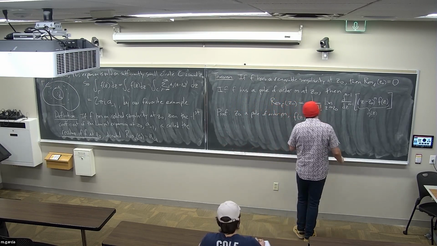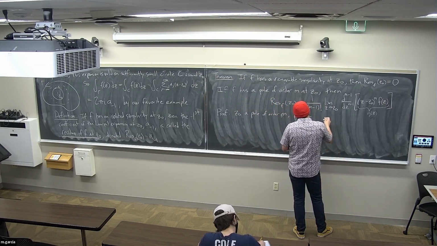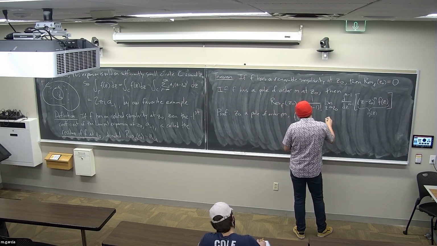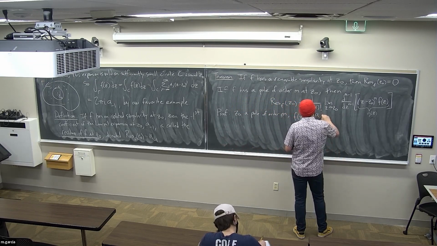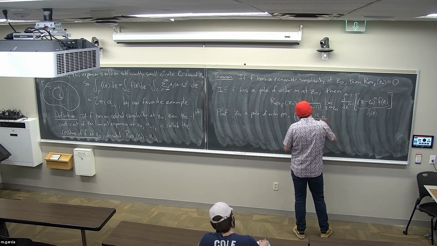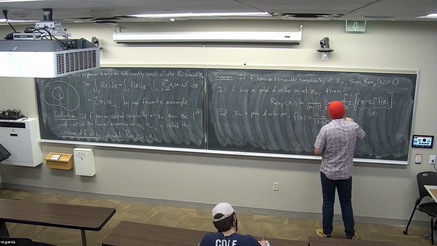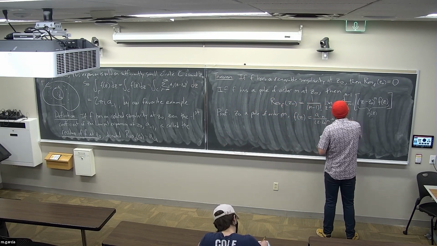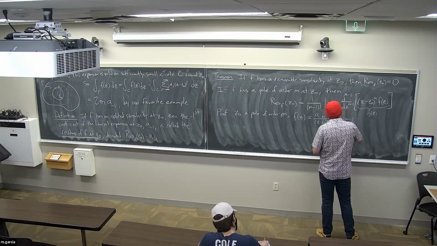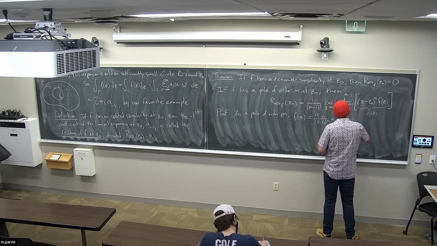It has a Laurent expansion in some punctured disk around z naught, given as follows: a sub negative m divided by z minus z naught to the m, plus a sub negative m minus 1 divided by z minus z naught to the m minus 1.